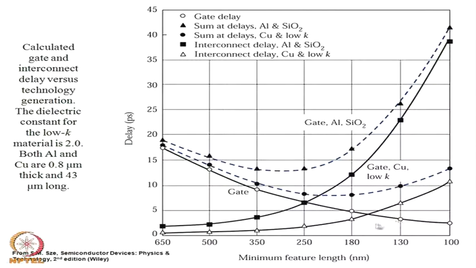One must play around here at, say, 170 or 160 nanometer, where they are almost equal, but if you go down, we can see that the sum of delays with copper low K and gate delay, this blue dotted line, is increasing, and if you use aluminum with SiO2, it is very high compared to copper with low K. So, we see the benefit of gate delay, because the gate delay is less for minimum feature length of less than 100 nanometer or so, but we cannot compensate for it by the interconnect delay; rather, due to interconnect delay, the overall delay will be high.